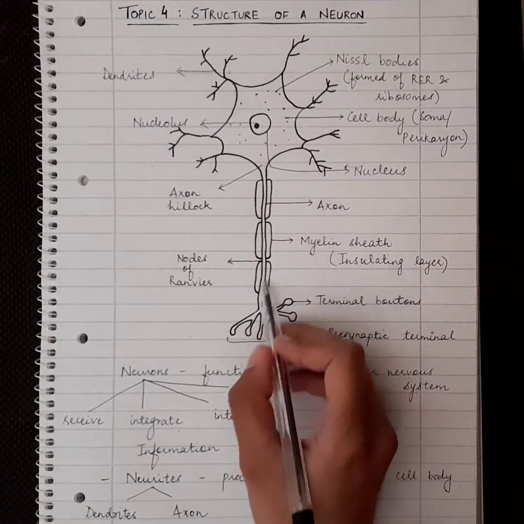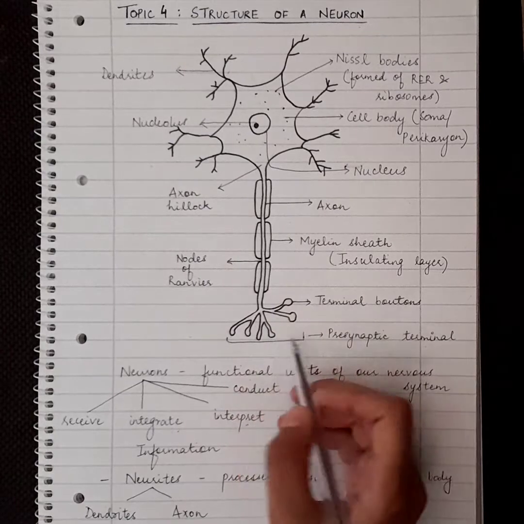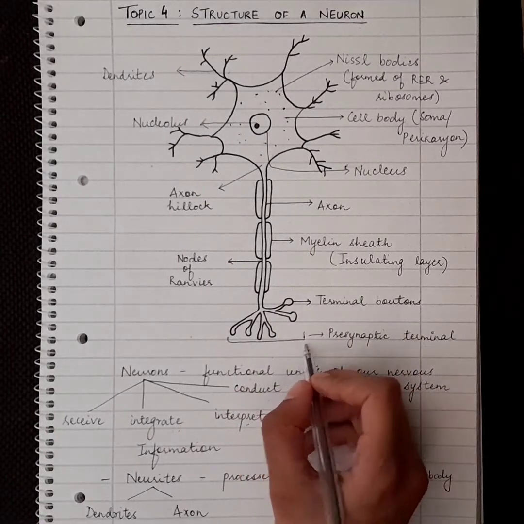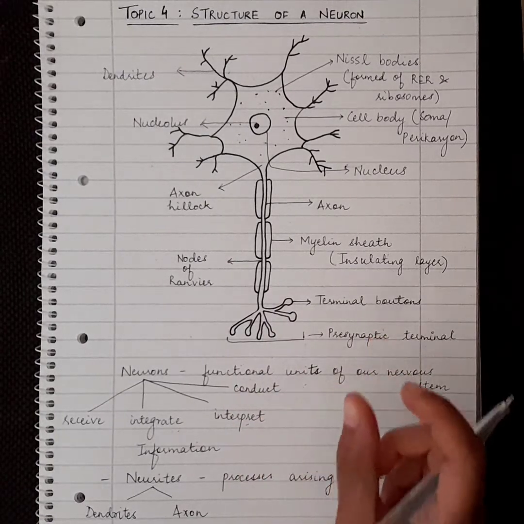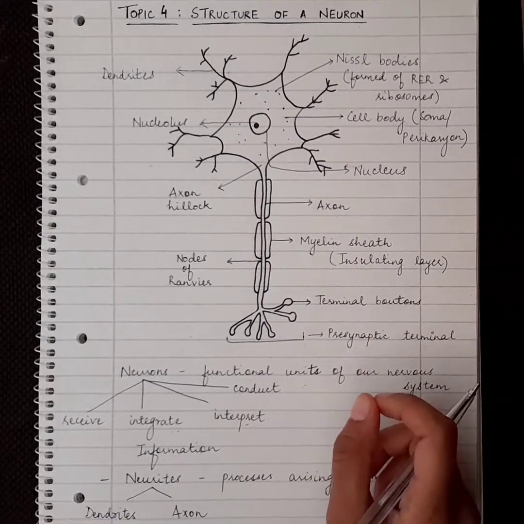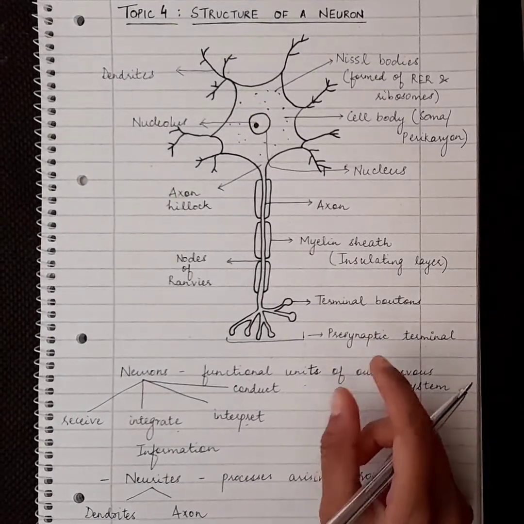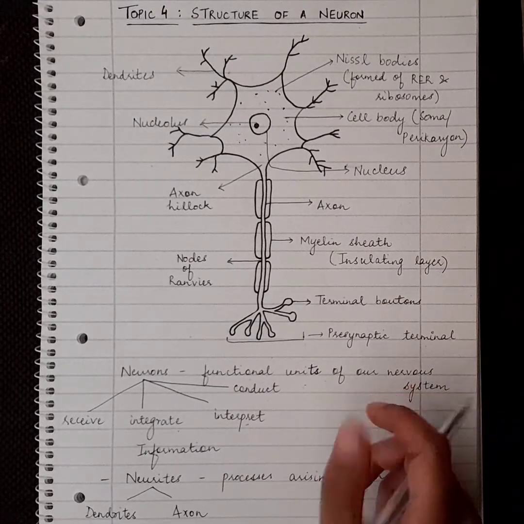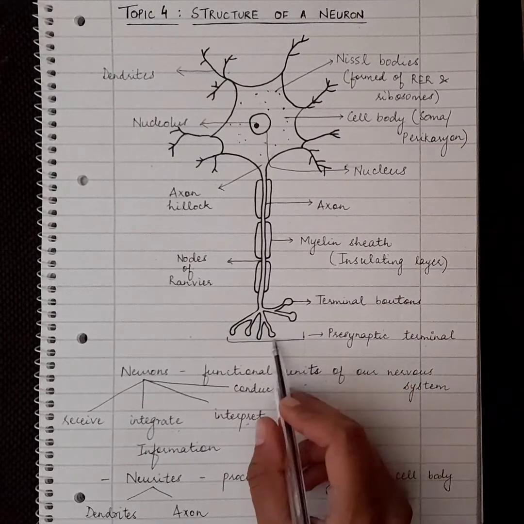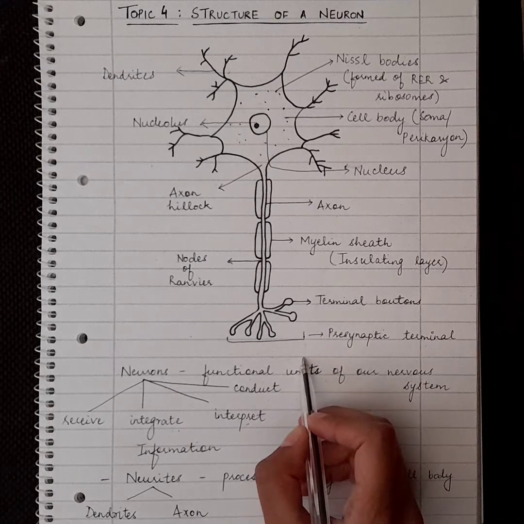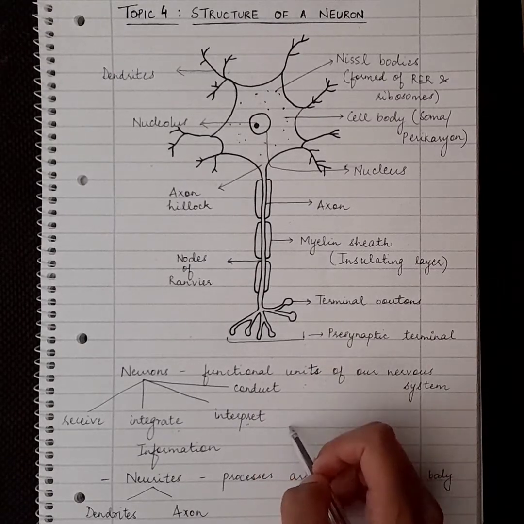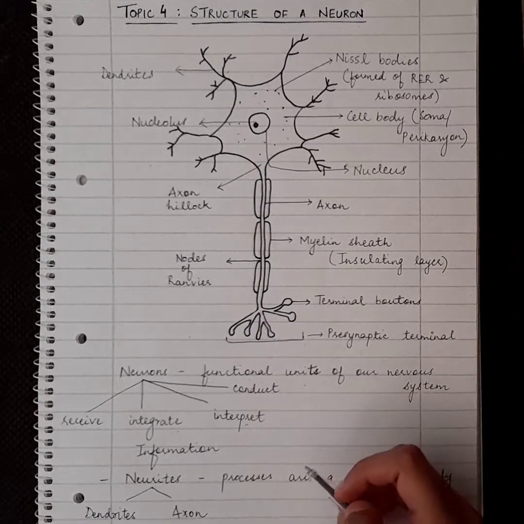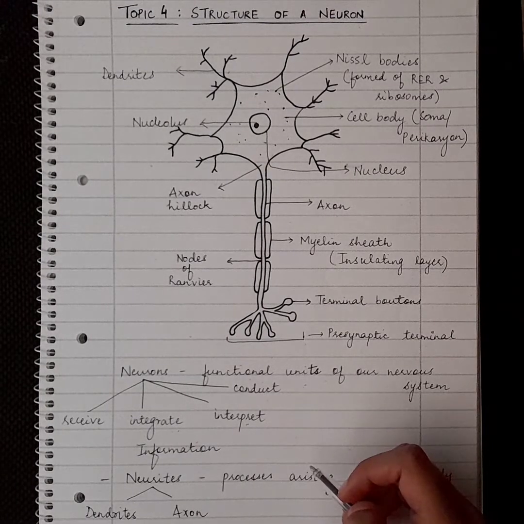So the electrical impulses will pass on over here, and then they will cross a synapse. A synapse is basically a junction that is present between two cells, or two neurons to be specific. The information will pass on through the synapse to the next cell, which will be known as the postsynaptic cell or postsynaptic neuron.